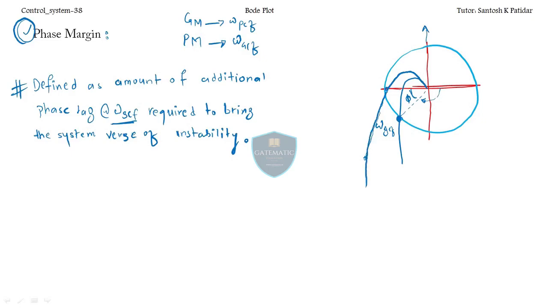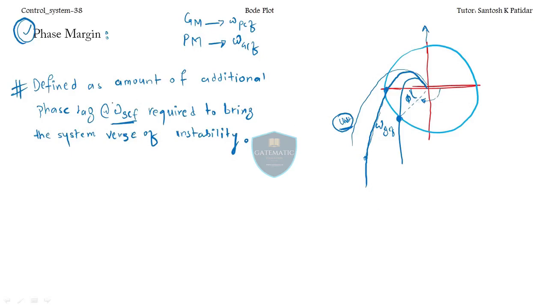So friends, this plot is just on the verge of instability. Once your plot comes like this, this is the unstable system. Okay, we'll discuss more in the next unit, but for the time being you have to remember this. In the next page I'll discuss about the diagram only.